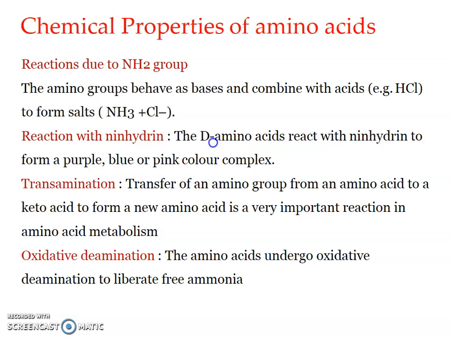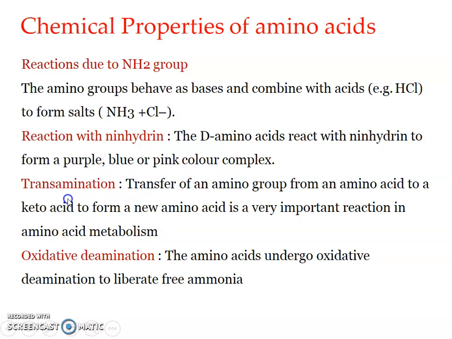Now the next one is transamination. Transamination and oxidative deamination are metabolic processes undertaken by amino acids. Transamination, as the name indicates, is the transfer of an amino group from one amino acid to a keto acid. How is a keto acid formed?